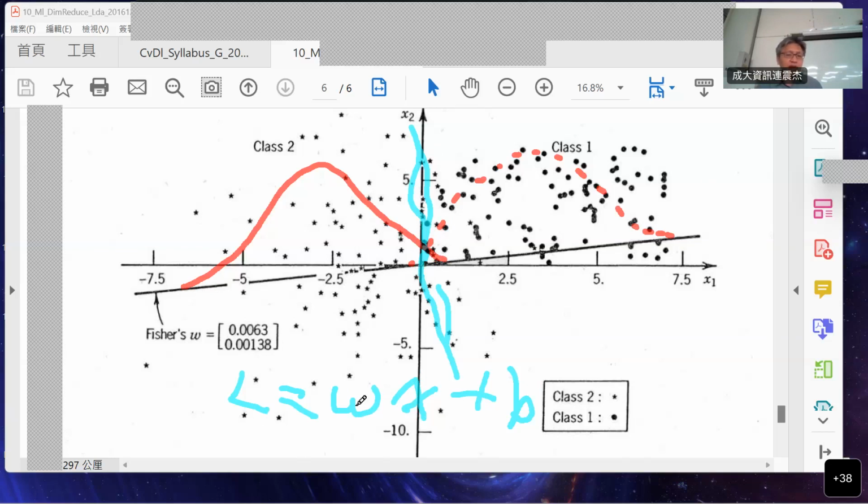So the LDA purpose, even though we try to find W and B, but in LDA, B is not important.